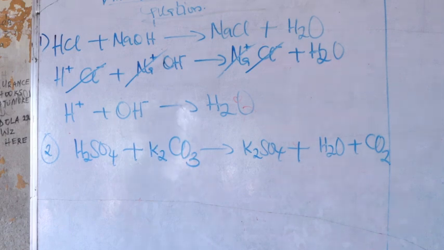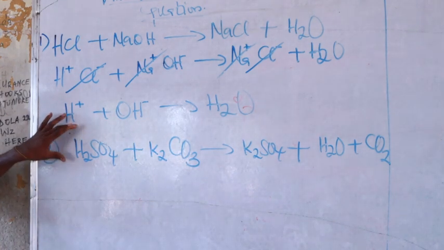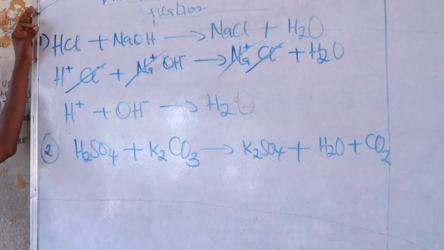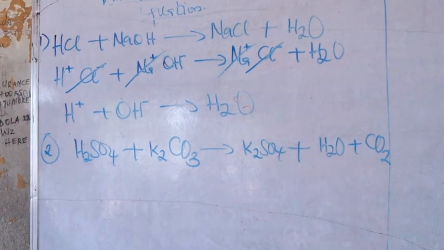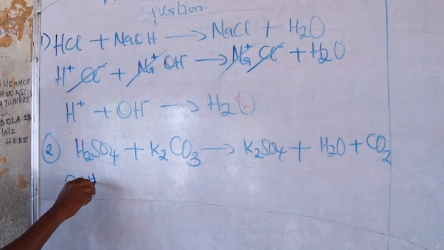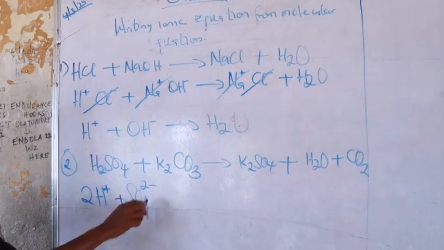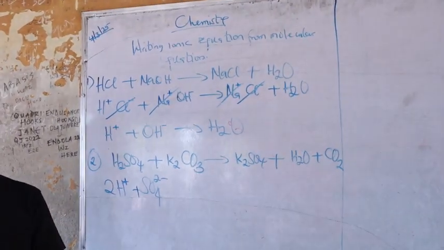Now, is H2SO4 a weak electrolyte or a strong electrolyte? So automatically when it breaks up it gives us 2 hydrogen ions and what? Tetraoxosulfate(VI) ion. Are we together?